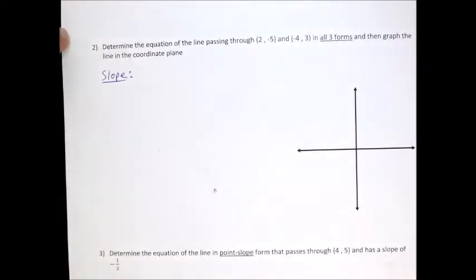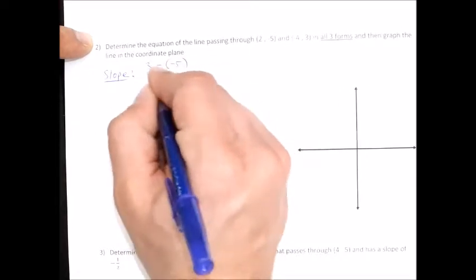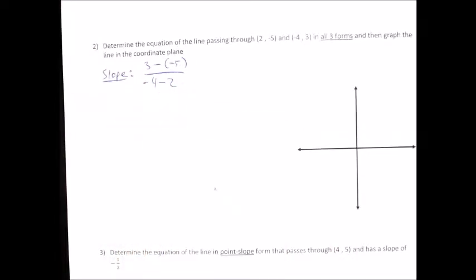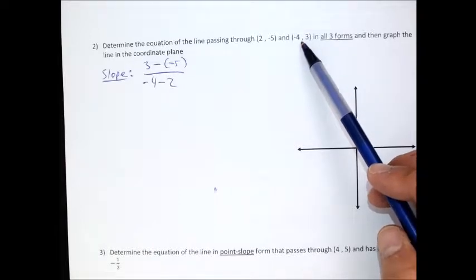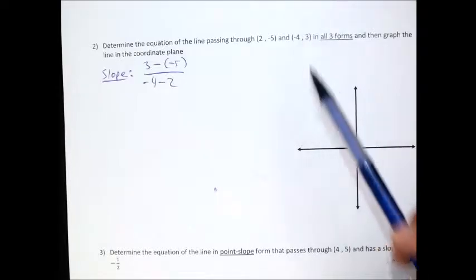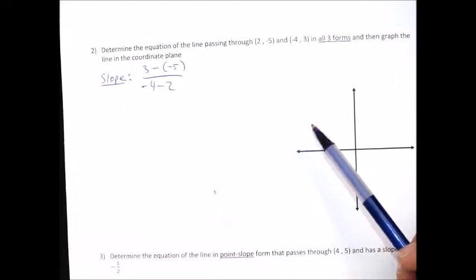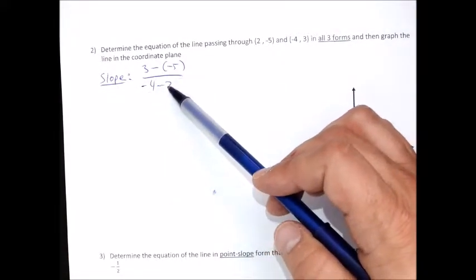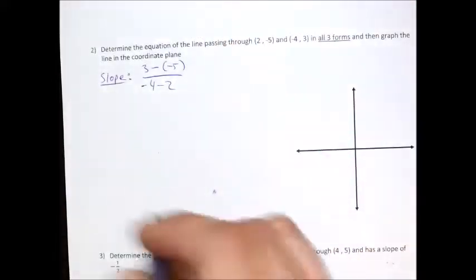The slope equation says subtract the y values and then divide that by subtracting the x values. I chose to use the (-4, 3) point as my x2, y2, but you could switch them too. In other words, we could take both the things in the numerator and the denominator and switch them. We could do -5 minus 3, divided by 2 minus -4. We could switch those around if we wanted to, as long as you switch both of them.